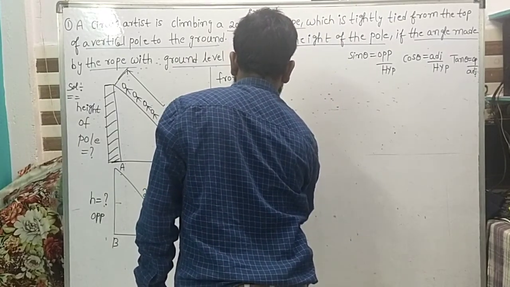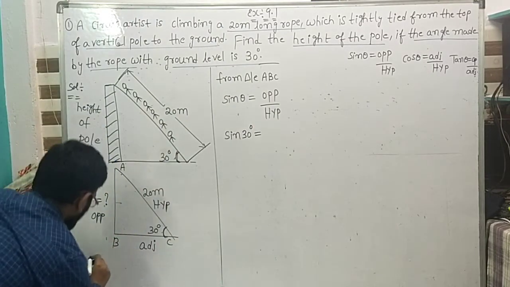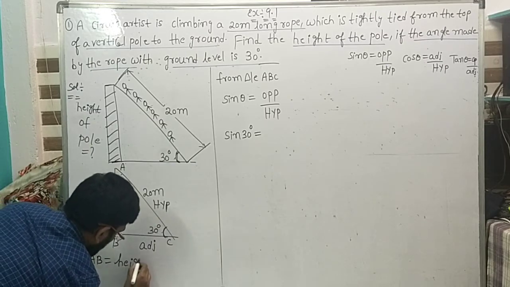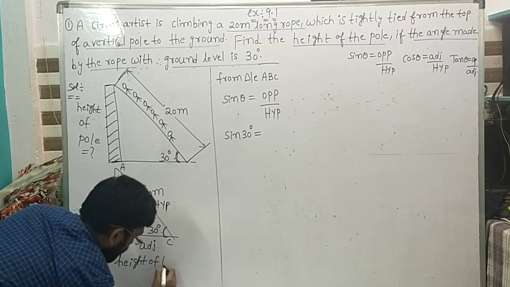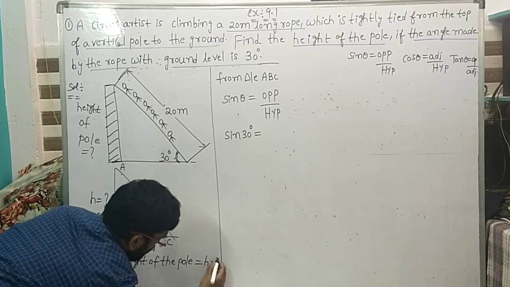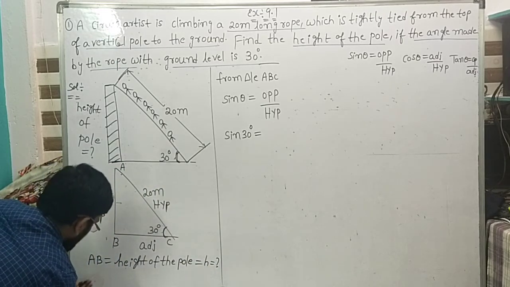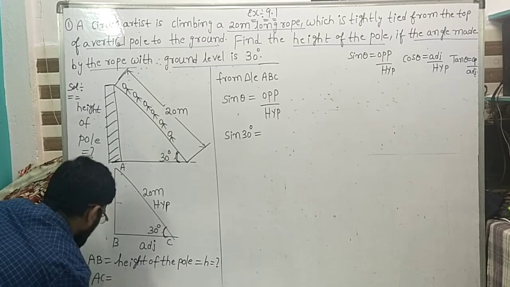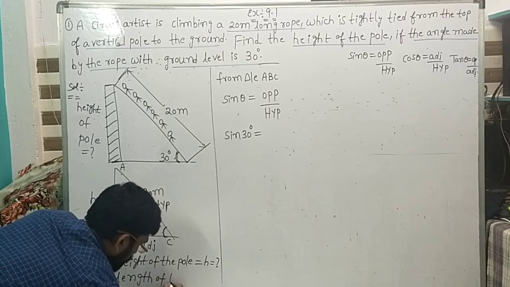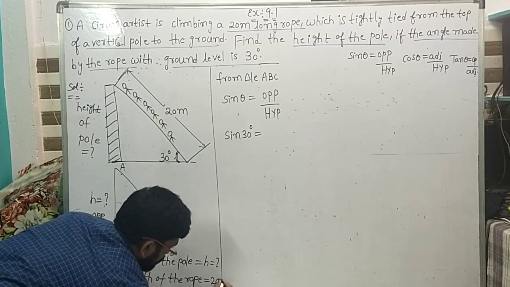Sin 30 equals, so we have to write here, AB equals the height of the pole, h, unknown. Next, AC equals the length of the rope, which is 20 meters.